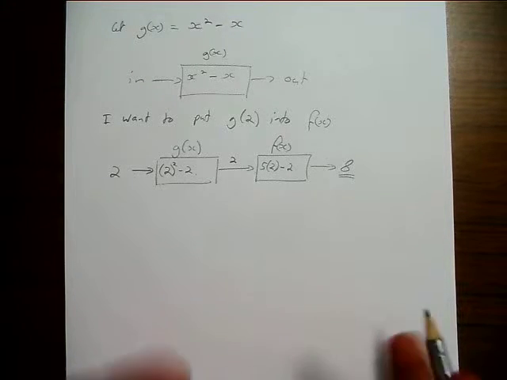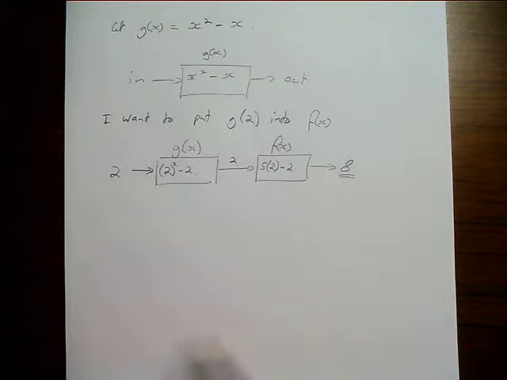Are we okay with that? That's just like adding another step. What if I wanted to do this for a whole stack of numbers? Let's say I had 10 numbers that I wanted to put into g of x and then take the g of that number and put it into f of x.